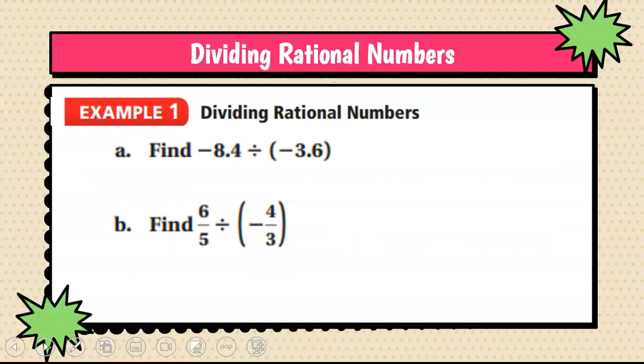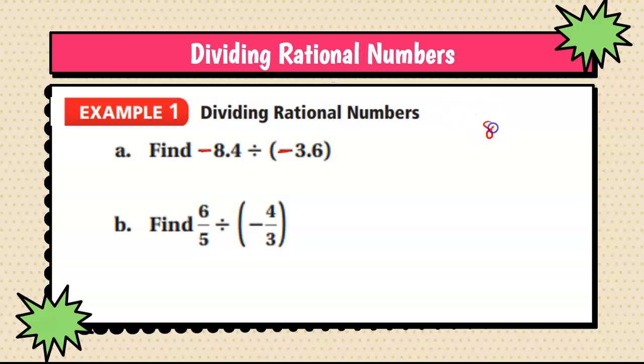Let's get to it. Before we get to our fraction example, let's talk a little bit about our decimal example. Here I have the same sign, so I know that my answer is going to be a positive number. But here is a review of dividing with decimals.